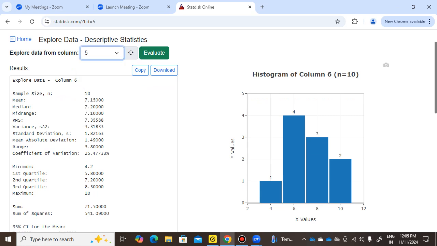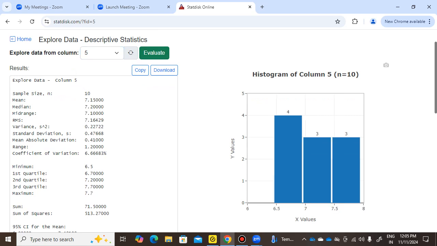Okay, so for Jefferson, our value for the standard deviation is 0.48. For the variance, it's 0.23, and for the range, it's 1.2.